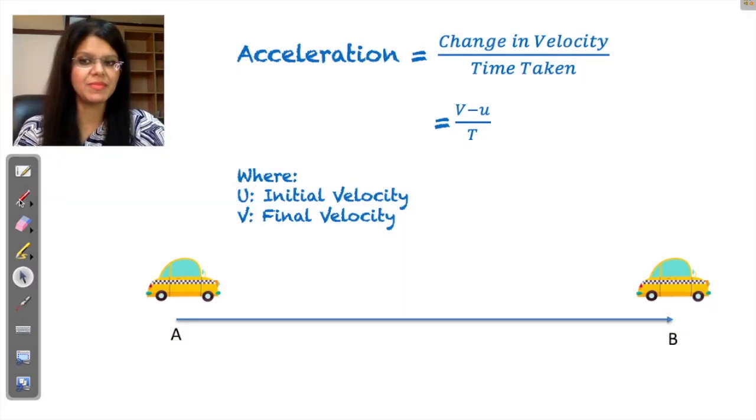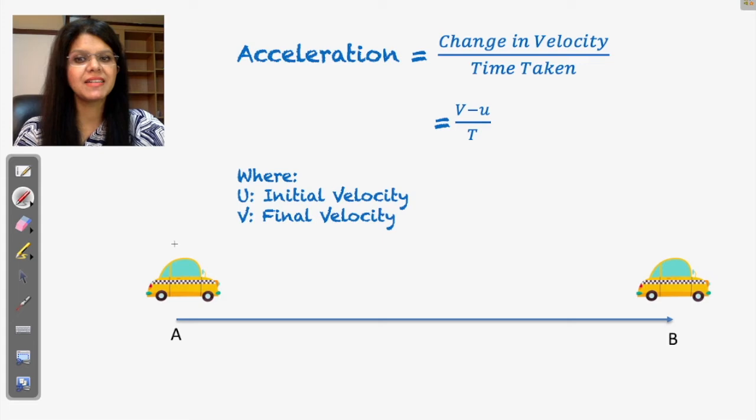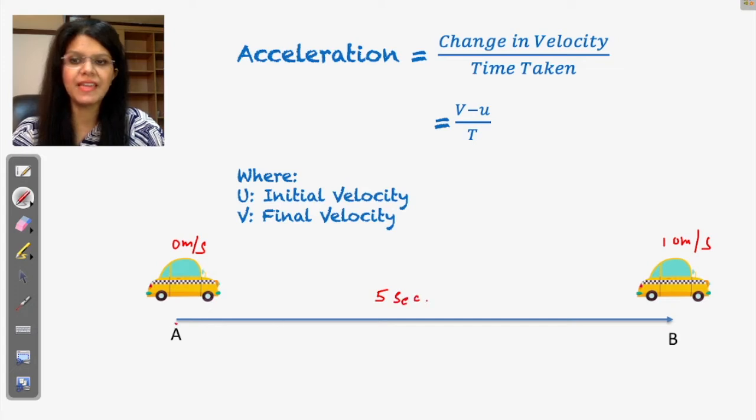So let us take an example. Say that at point A, this yellow car was traveling. It started from rest. Say its initial velocity was 0 meters per second, and at a later point of time at point B, its velocity was 10 meters per second, and it took, say, 5 seconds to reach from point A to point B. So what is the acceleration of this yellow car?